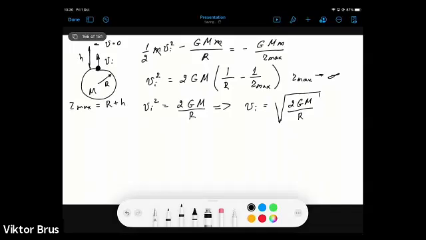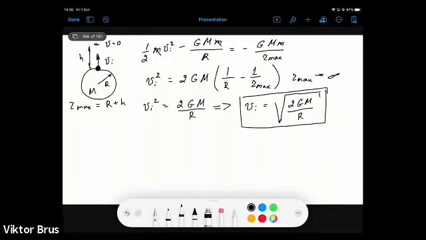So you see that we got the same expression for escape velocity as the previous one, which we got based on the solution of a differential equation. Here it's much simpler, and that's why this concept of conservation of total mechanical energy in the case of satellite or planetary motion is really very useful and can be applied for different cases.